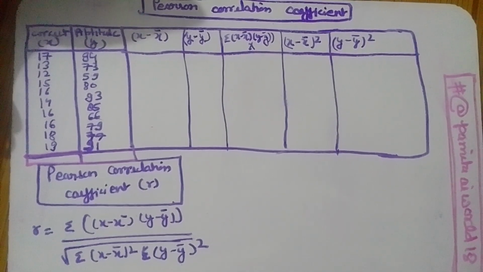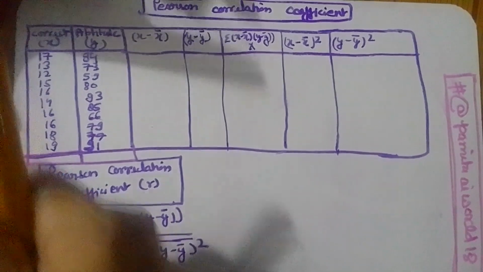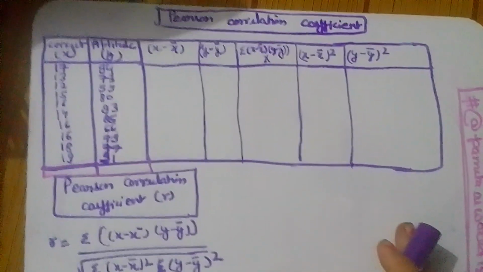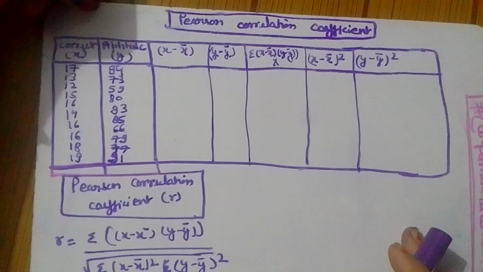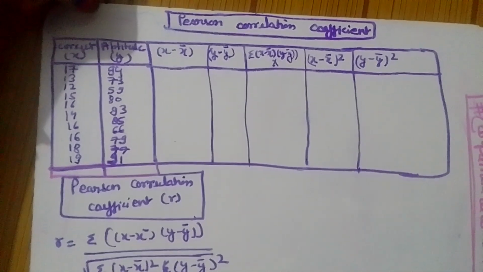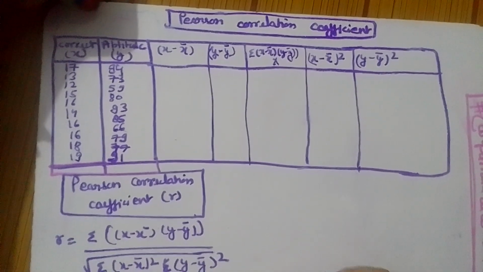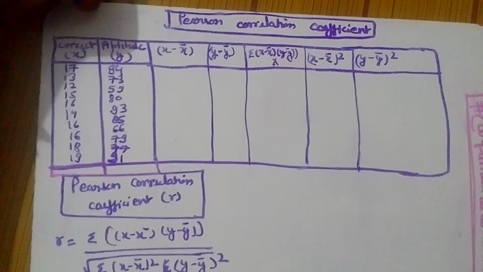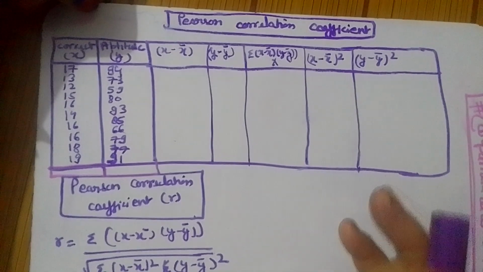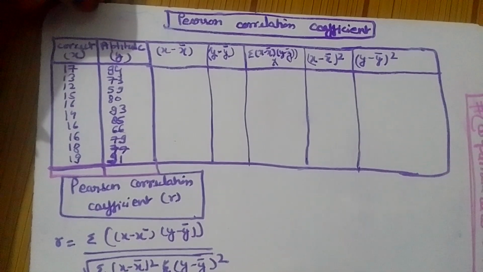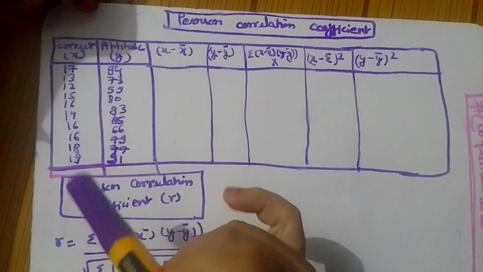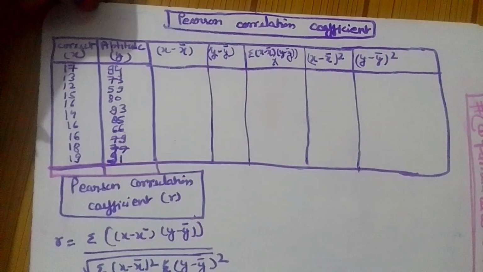So what is the Pearson correlation coefficient? I'm taking one example here. Let's suppose in a school, students are given 20 questions, and out of 20 questions they gave the correct answer to 10 questions.